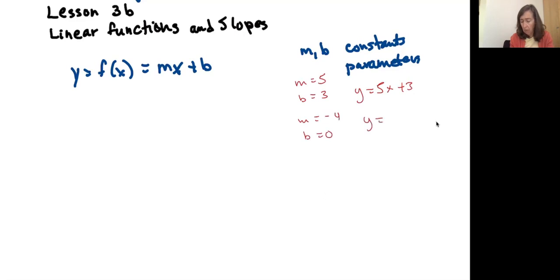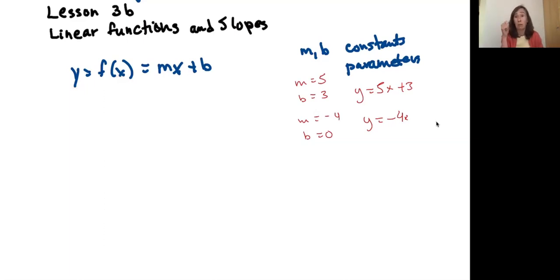That would be y equals negative 4x. So they could take different values, but we're going to be treating them as values that aren't changing while we're thinking about the relationship we care about, which is the one between x and y here.